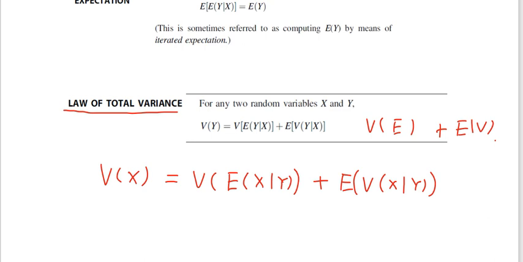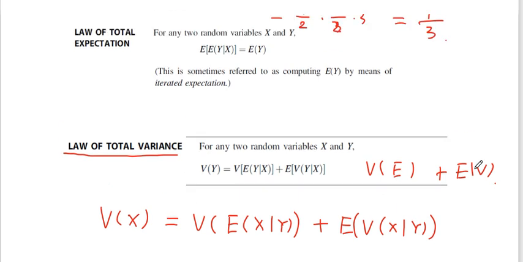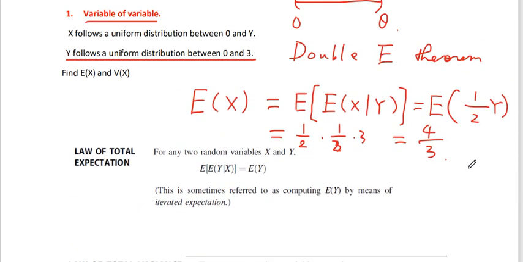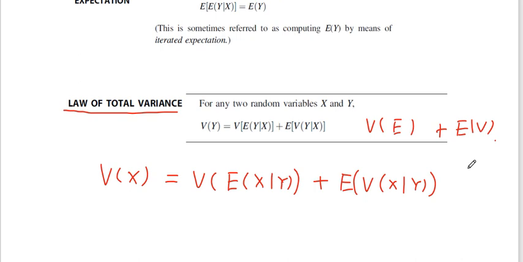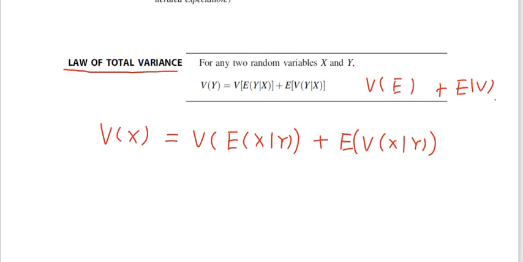Let's apply this theorem to our problem. For x when y is fixed, because x is uniform from 0 to y, the expectation is y over 2, right? Plus the variance when y is fixed, x is uniform from 0 to y.